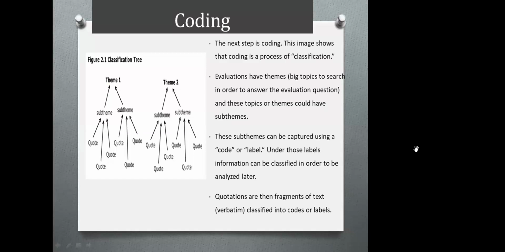They are verbatim because they're speaking to the voices of the people as it was stated by the individuals. You are not changing the text as it is, because they have to be representative.